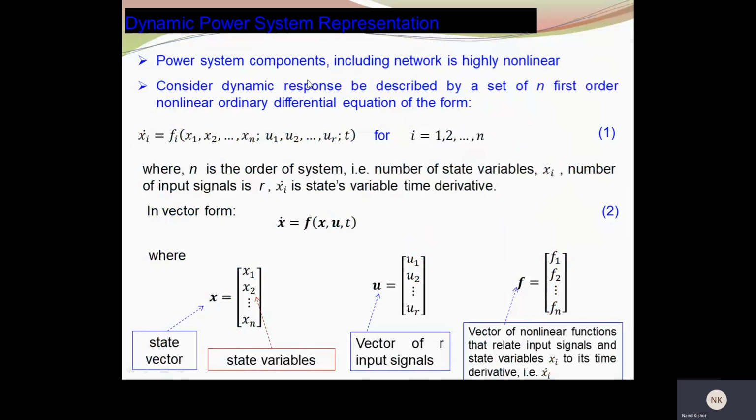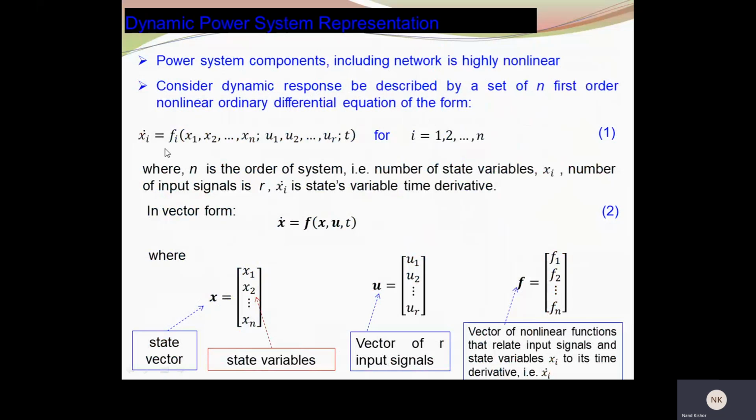Now, for the stability analysis purpose, we need to consider the dynamic response of these systems, which can be described by differential equations. So it can be by a set of n first order nonlinear ordinary differential equations of the form.